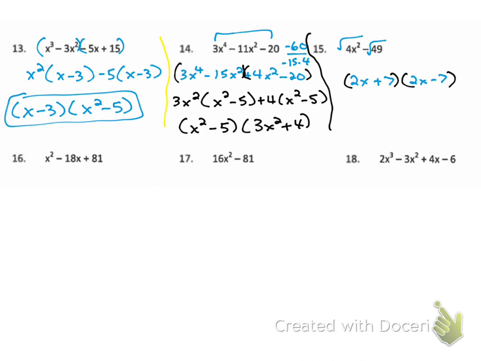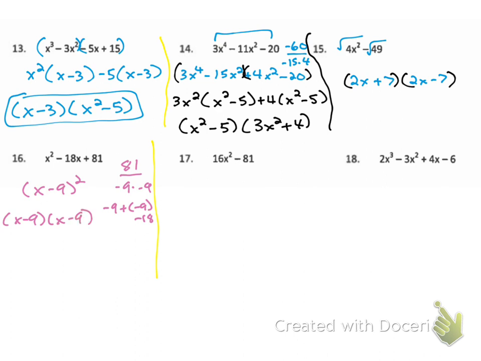16. All right, 16. A is 1, so we just need 2 factors of 81 that add to give us negative 18. Negative 9 times negative 9, and then negative 9 plus negative 9 gives us negative 18. So that answer is x minus 9 squared, or x minus 9 times x minus 9.